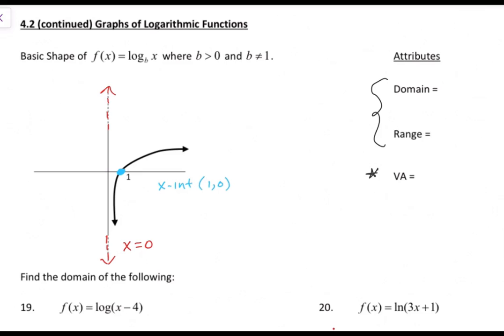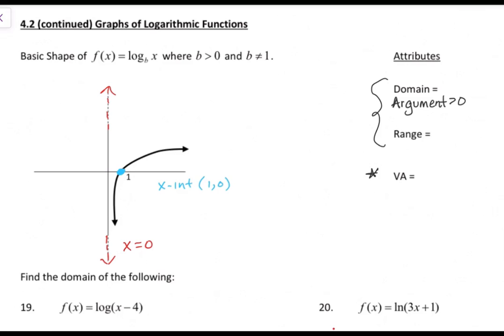We've already had rational functions where we had to pull out restrictions on x that made the denominator 0, and we also had square root functions where we had to make sure that whatever was underneath the square root symbol was always greater than or equal to 0. In a logarithmic function, we always have to make sure that the argument of the logarithmic function is strictly greater than 0. You cannot take a log of a negative number.